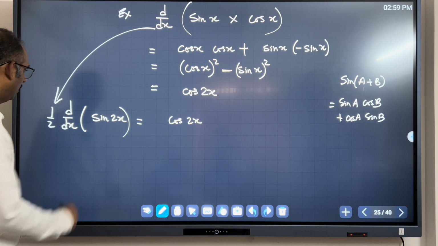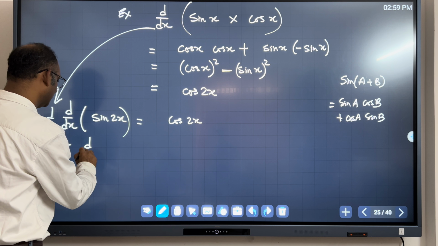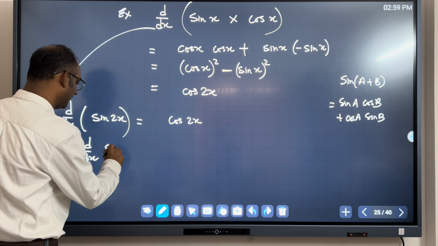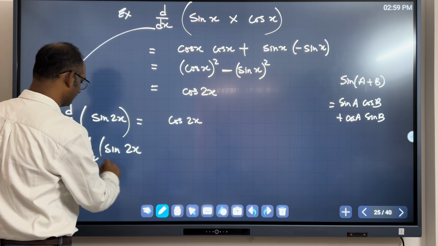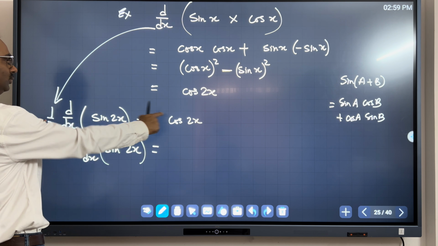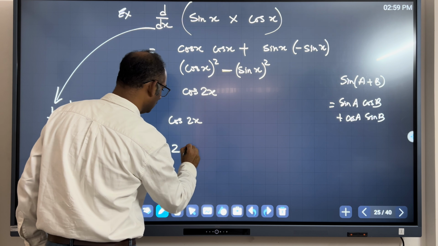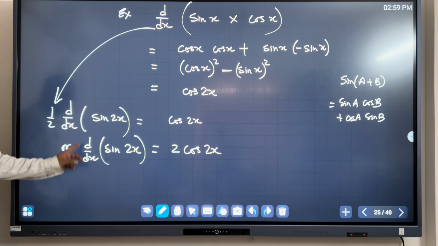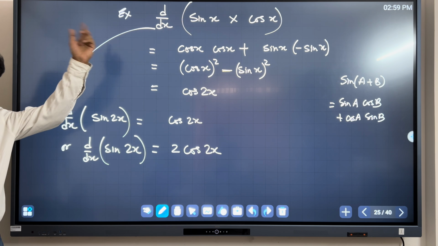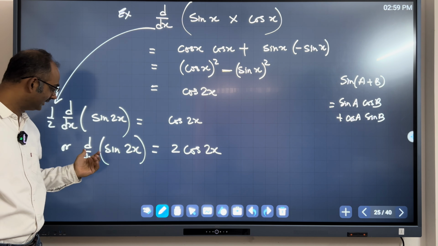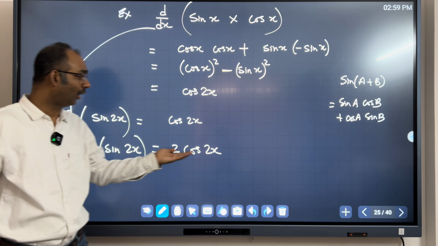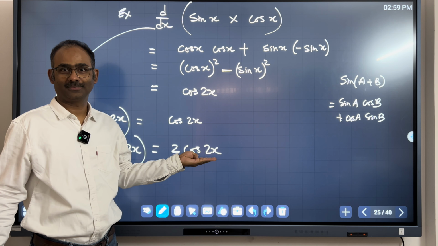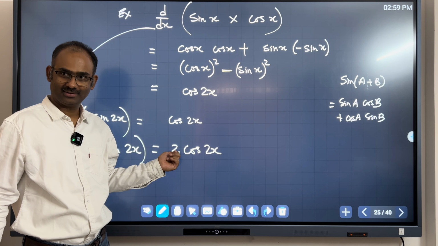Correct? Or d over dx sine of 2x is, multiply 2 in this equation, you get 2 cos of 2x. So taking a derivative of sine x gave you cos x, but taking a derivative of sine 2x almost gave you cos 2x with an additional factor.